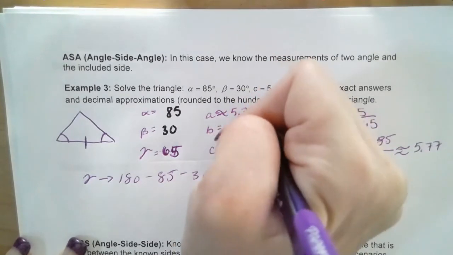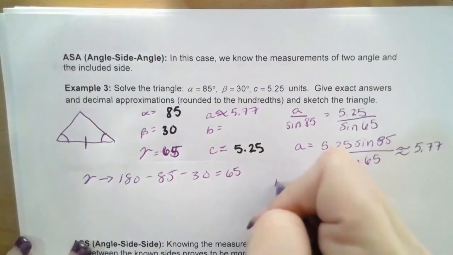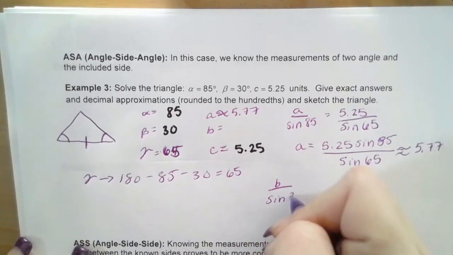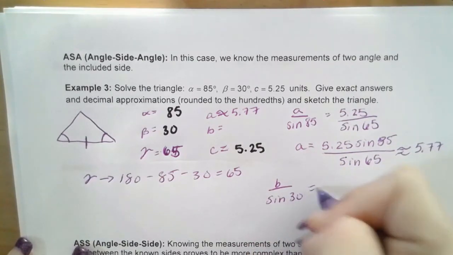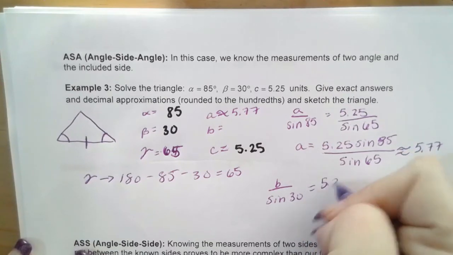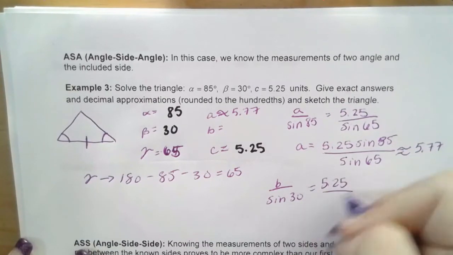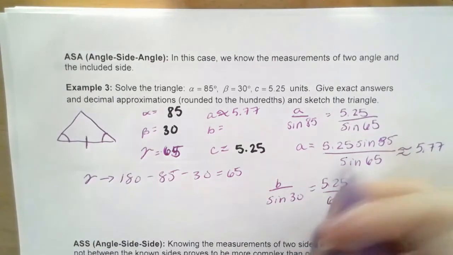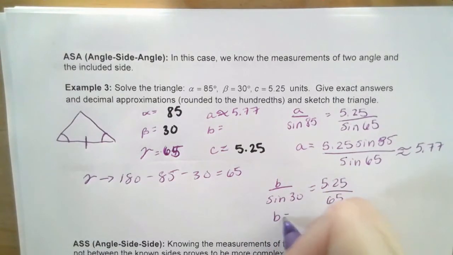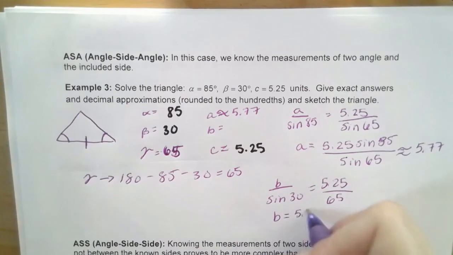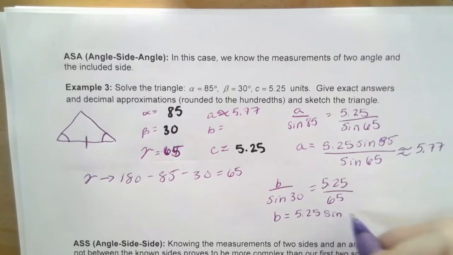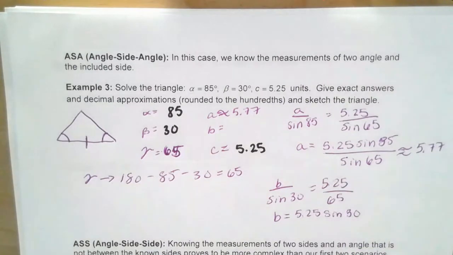Do the same thing for B. So B over sine 30 equals 525 over 65. So B equals 525 sine 30. Oops, I wrote something down wrong because I'm going too fast.